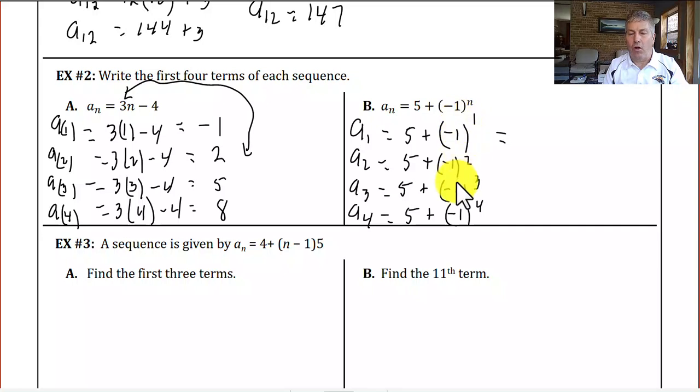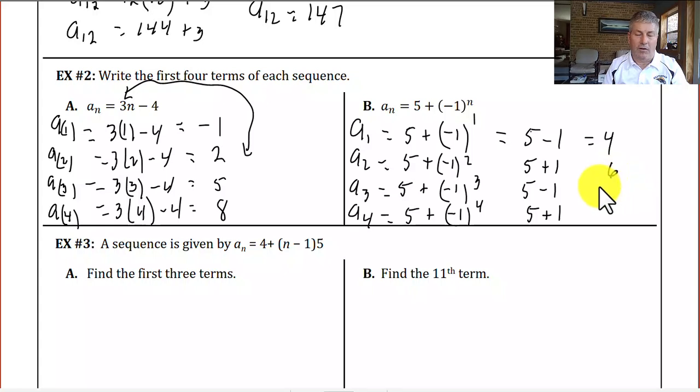So we're going to have alternating signs here of negative 1. This is going to become 5 minus 1, and then 5 plus 1, and 5 minus 1, and 5 plus 1. So that gives us a little bit different pattern to our sequence.